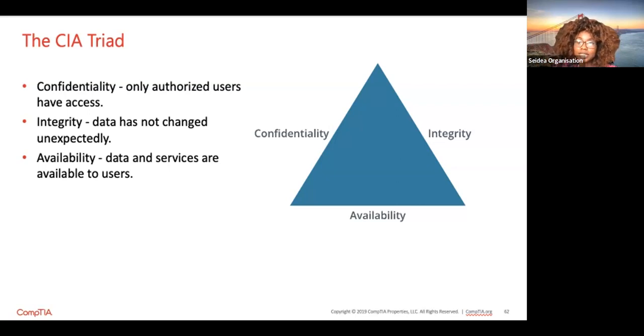It's looking at how you ensure that website is protected, that only those who are authorized can view the information, that the data hasn't been altered unexpectedly, and that those who are authorized can access that information at any time. That's a good way to think about the CIA triad.